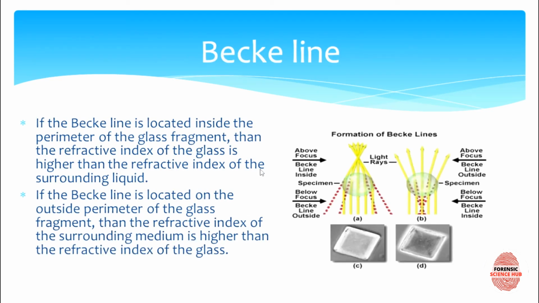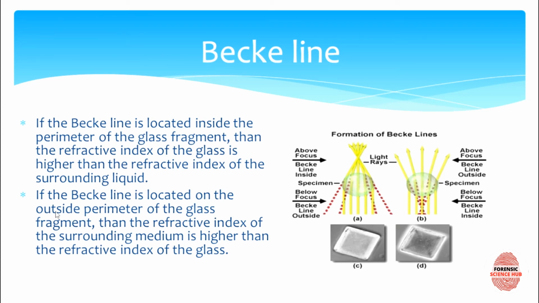Two types of backlines can be formed. A backline can be formed on the inside of the glass, like here on the inside, or it can be formed on the outside perimeter of the glass. If the backline is located inside the perimeter, then the refractive index of the glass is higher than the refractive index of the medium or liquid that the glass has been immersed in.